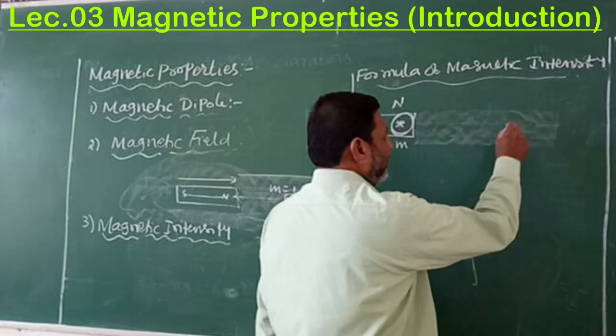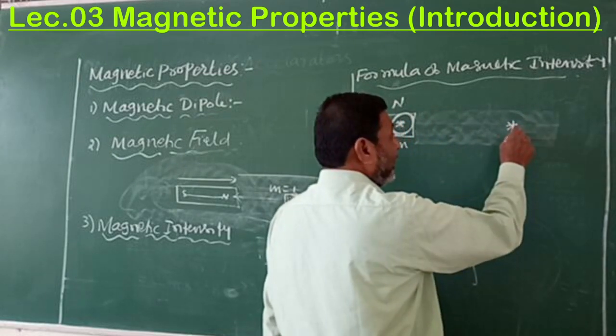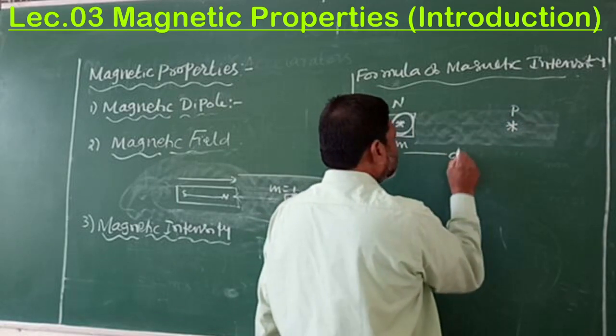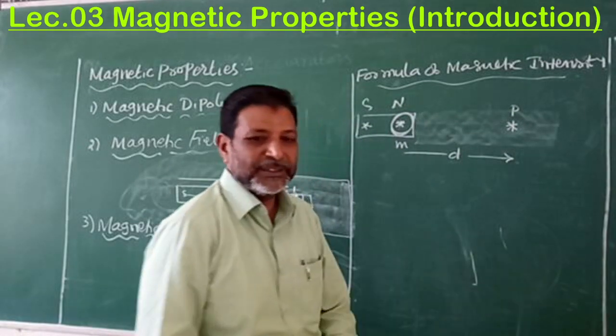In this magnetic field, we have to find what is the magnetic intensity at the point P, which is at a distance of d from the pole.